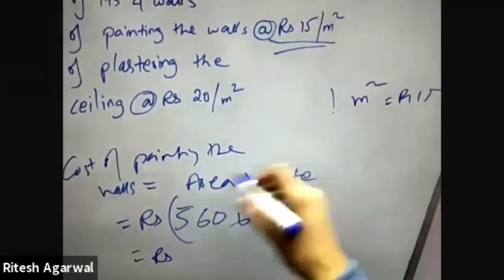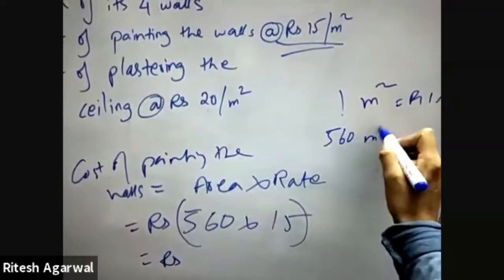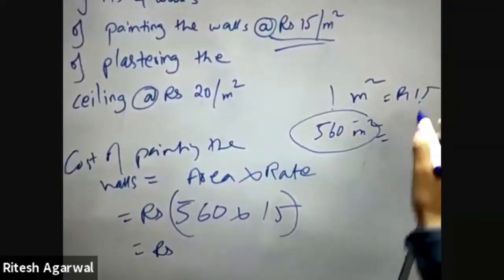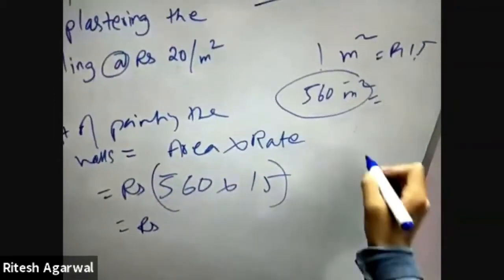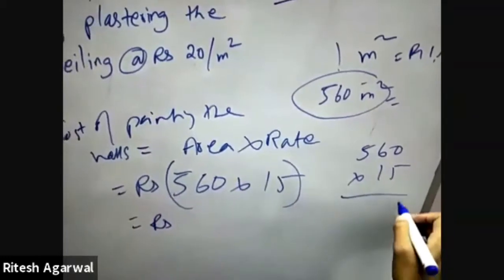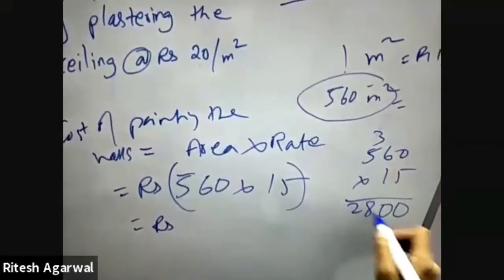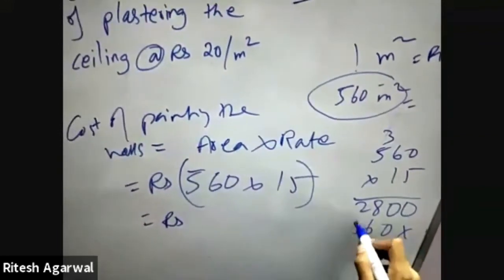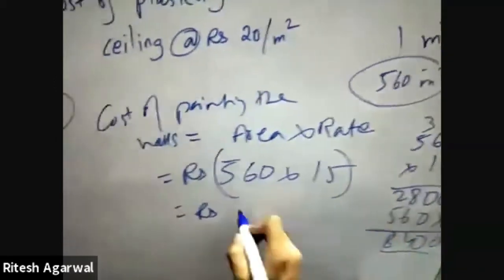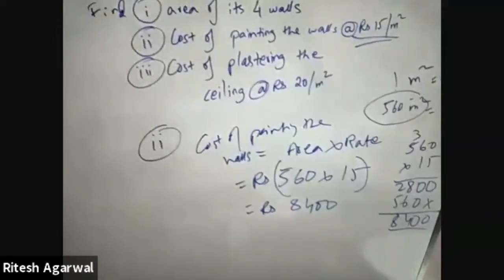And if the area of your walls is 560 square meter, then obviously the painter will take 560 into rupees 15. That will be the total cost of painting. So we'll just multiply 560 with 15. So we will have rupees 8400. So rupees 8400 will be the total cost of painting the walls.